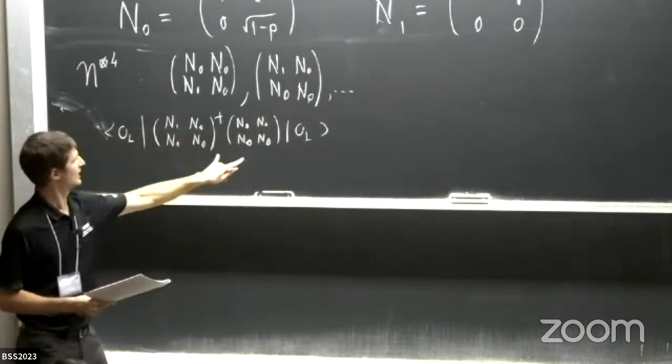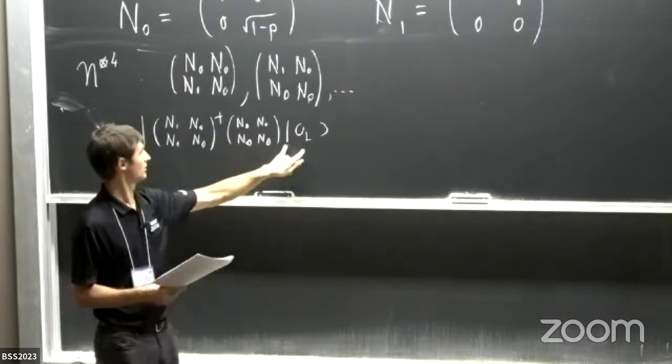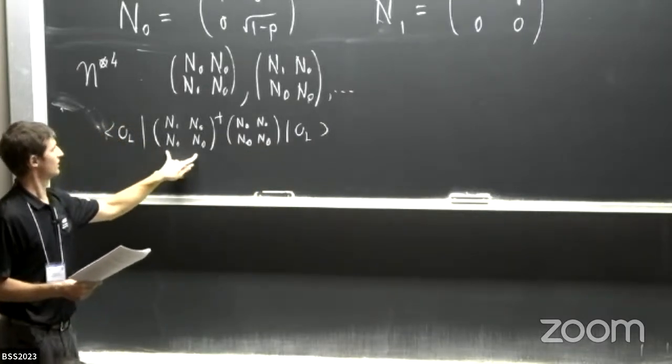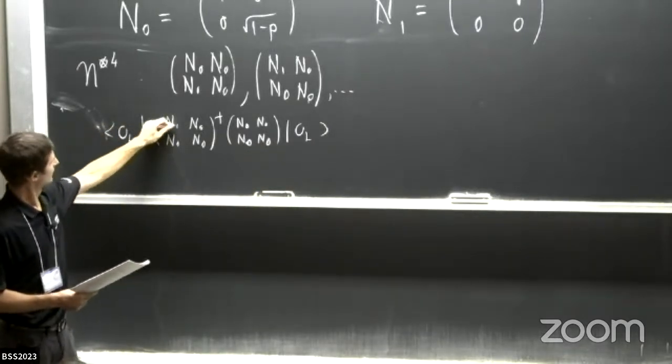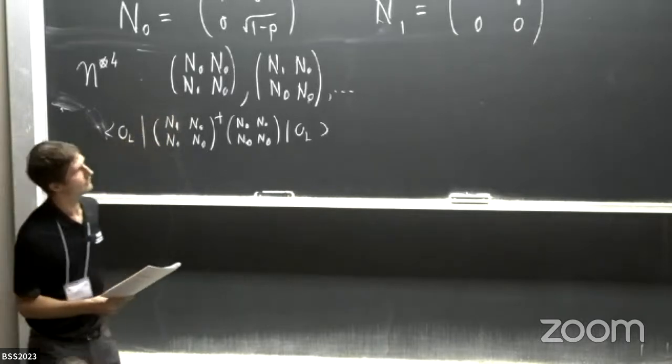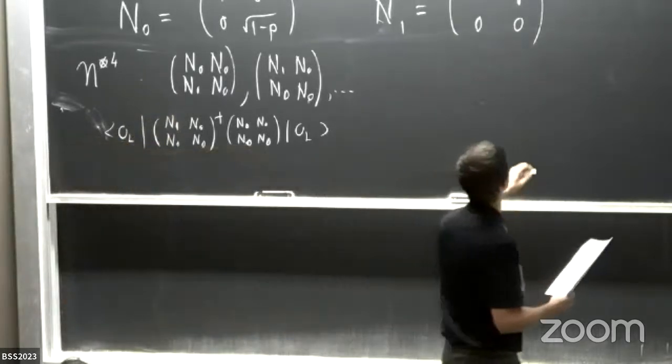So what happens if we apply this no jump error followed by a jump error? Well, remember our 4-qubit code, which I don't list here. Sorry about that.